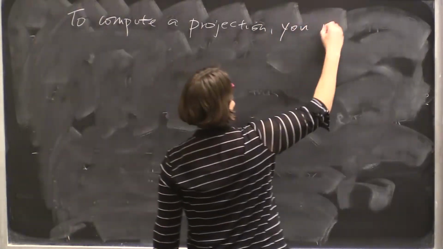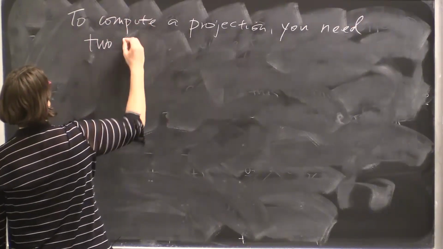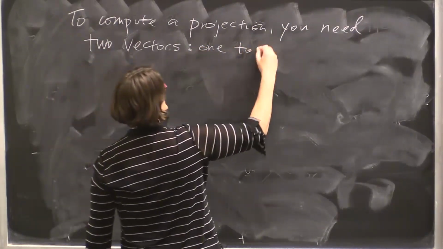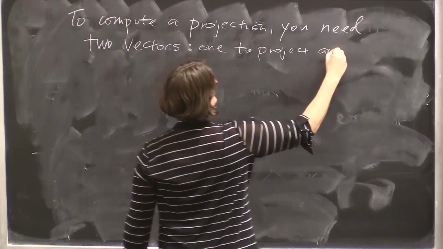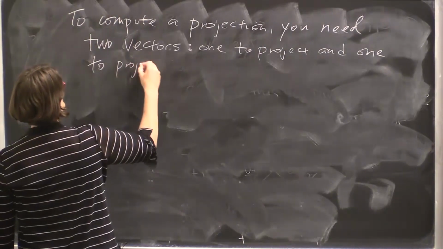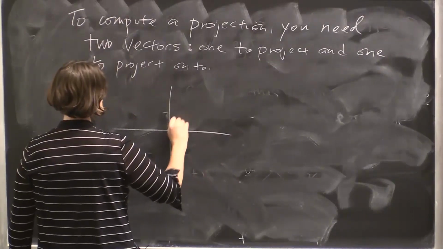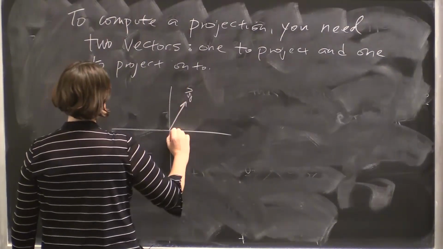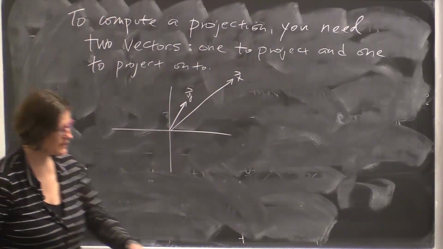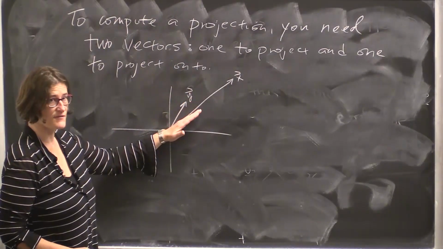To remind you, to compute a projection, you need two vectors. One to project, and one to project onto. So you might have the vector y and the vector x, and what you are doing is projecting the vector y onto the vector x.